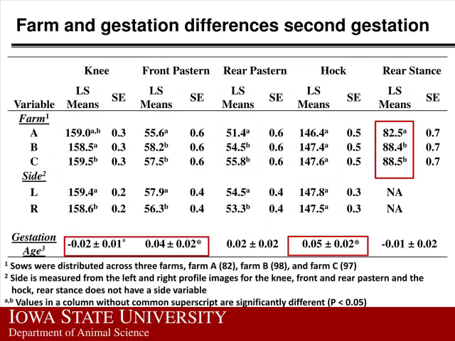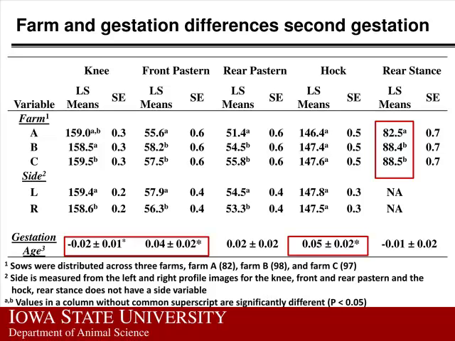So farm and gestation differences during second gestation. As you'll see, there are some significant differences here and here. The major difference that I want to touch upon right here is that farm difference that we see here of roughly 6 degrees between B and C and A could be some of the corresponding difference between that rear stance in between parity 0 and 1.